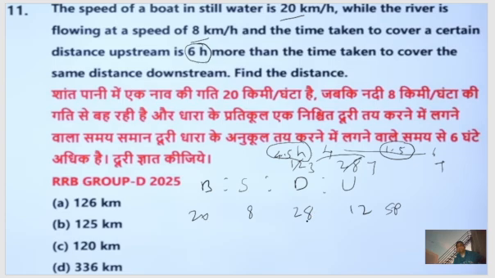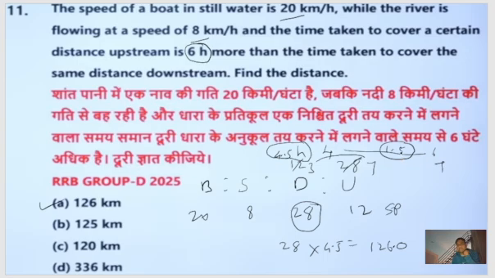So we have to find the distance. Speed equals distance upon time, so distance equals the downstream speed times 4.5 hours. So 28 into 4.5 is how much? 126 kilometers is the distance.